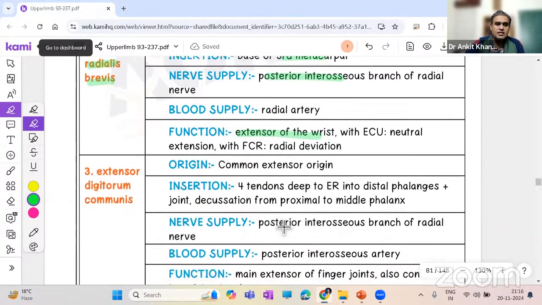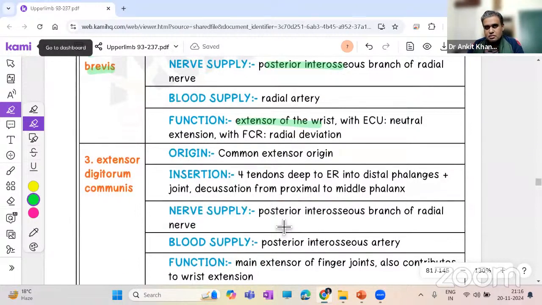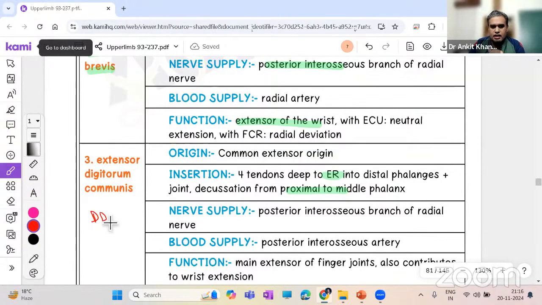And then extensor digitorum, extending the digits. It inserts into the extensor retinaculum, and then there's a whole dorsal digital expansion over here. So there's one more term known as the dorsal digital expansion. You only feel the tendons over here.